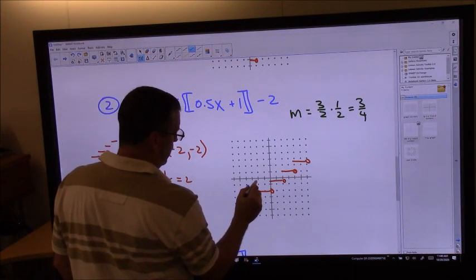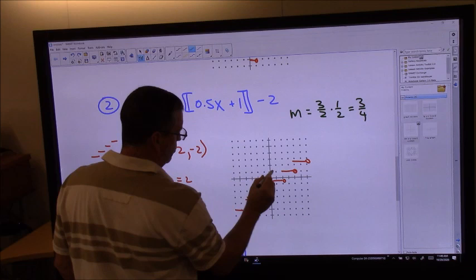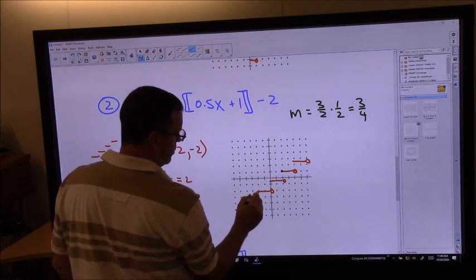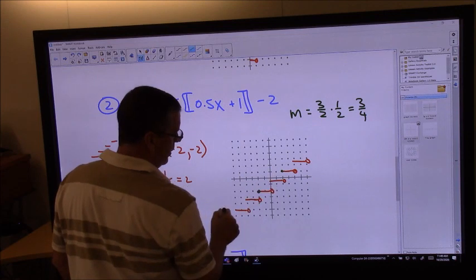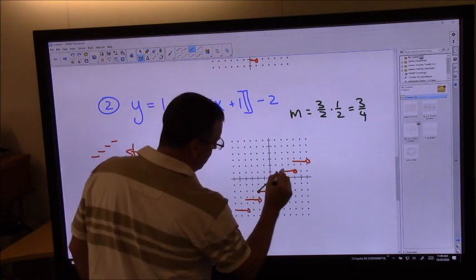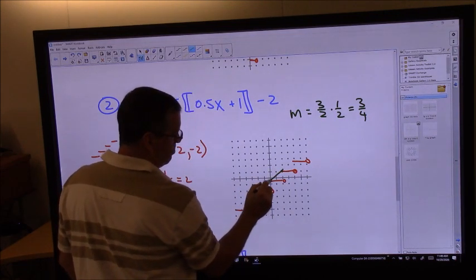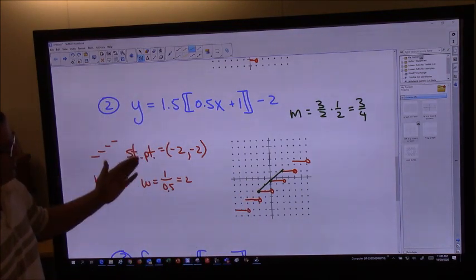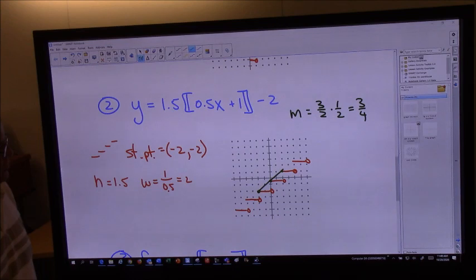If you go up 1, 2, 3 and over 1, 2, 3, 4, I hit the front edge of a step again. I started here. There's the front edge. If I lay my 2x4 down, I'm still hitting this point right here, right? So our slope does work for this graph. And it should work for all of them.